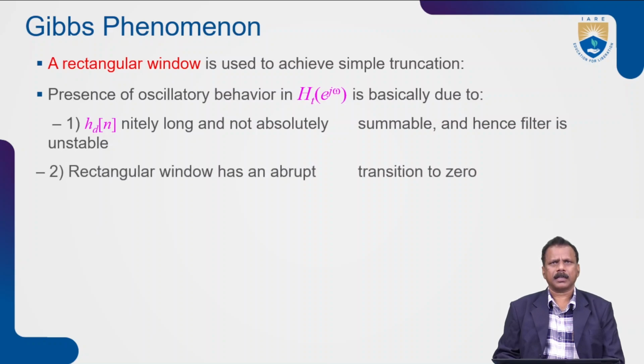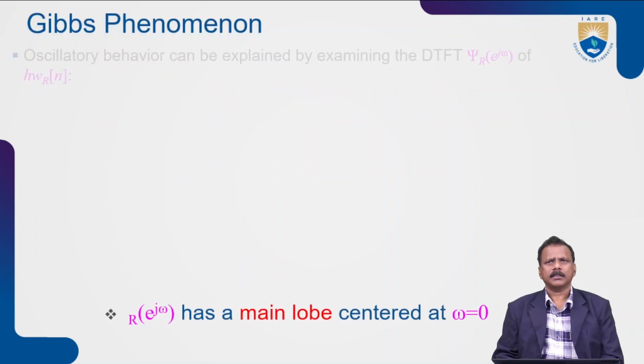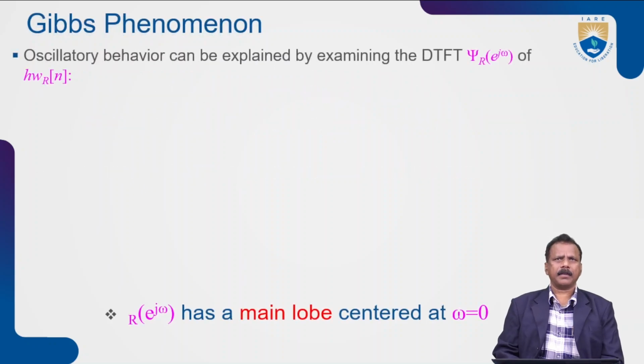The rectangular window has abrupt transitions to 0. This oscillatory behavior can be observed by examining the discrete time Fourier transform R(e^jω) of the rectangular window.